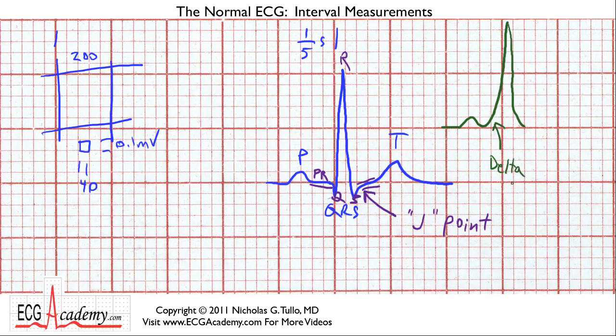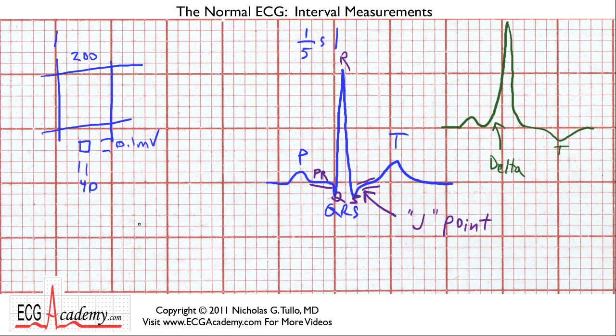We'll talk about that in the advanced course when dealing with Wolff-Parkinson-White or WPW syndrome. This causes the QRS complex to widen and start early, and the PR interval is almost non-existent in those patients. Sometimes you'll have inverted T waves in these patients.